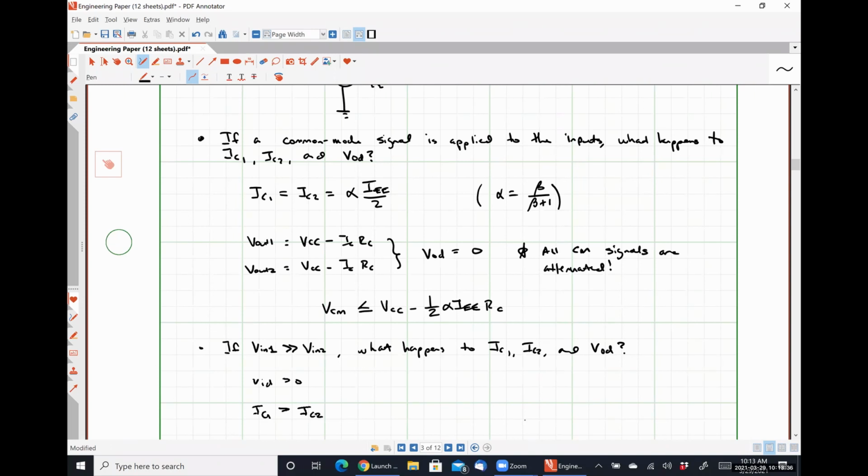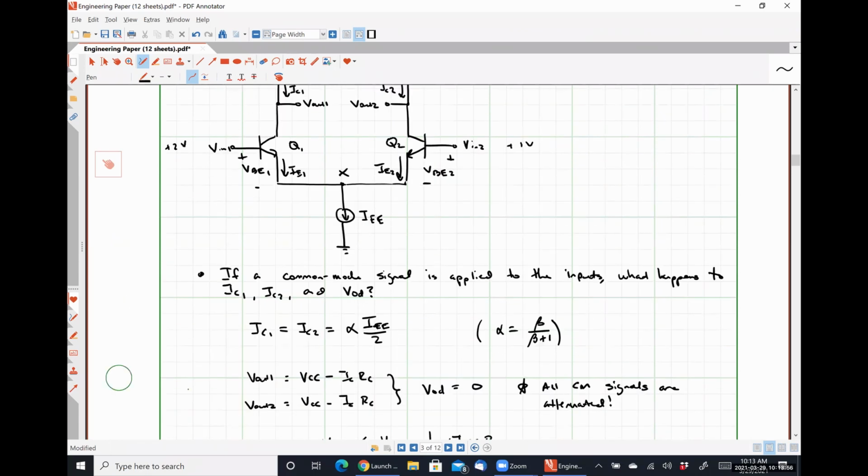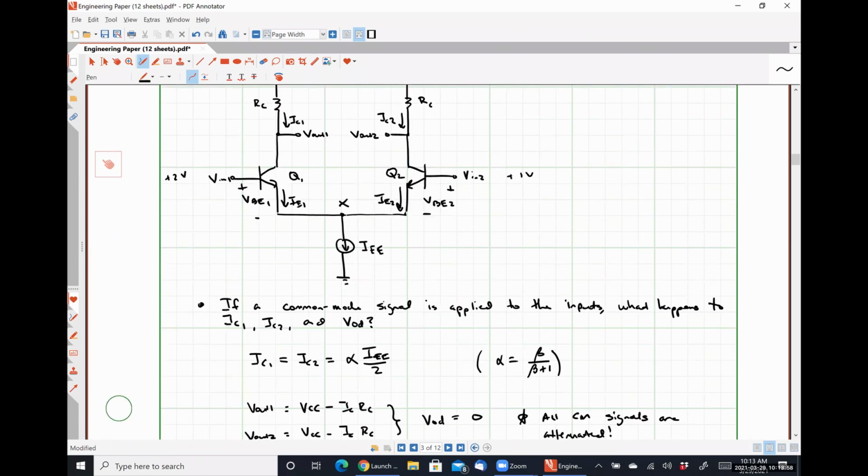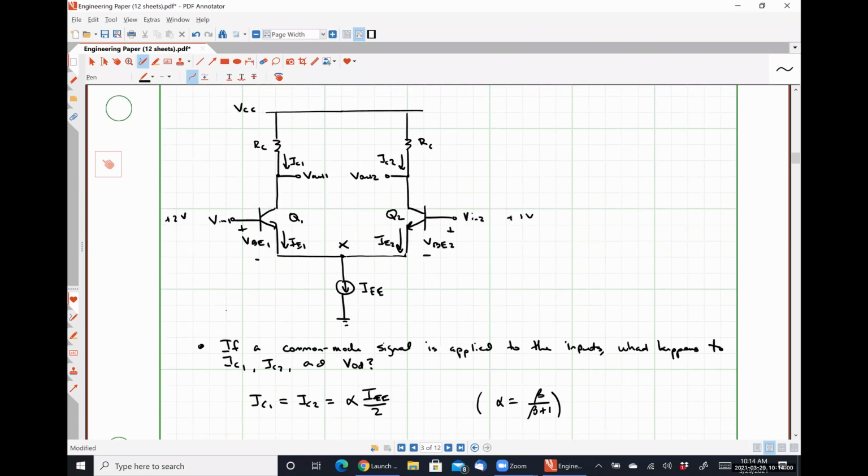We call this current steering, right? We still have the restriction that IE1 plus IE2 is equal to IEE, or IC1 plus IC2 is equal to alpha IEE. So we still have that restriction, but what we're observing is that more current is going to flow through our left transistor, which means less current is going to flow through our right transistor.